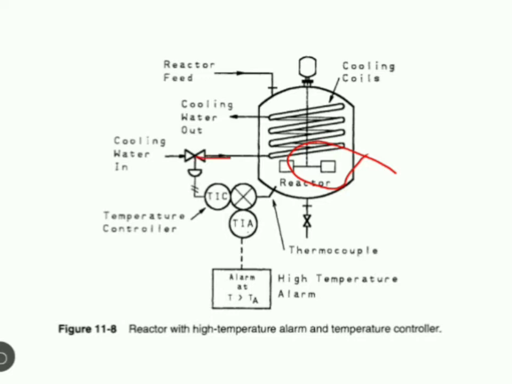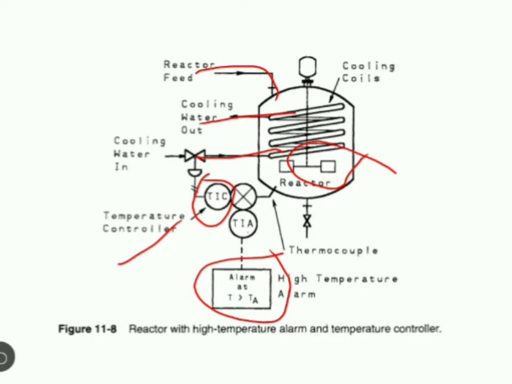The inlet is given, then the outlet. The coolant flows through the coil and maintains the reaction temperature. Then there is a controller, an alarm system, a reactor feed, coolant in, coolant out, a temperature indicator, and the alarm systems. So this is a simple example of a system.